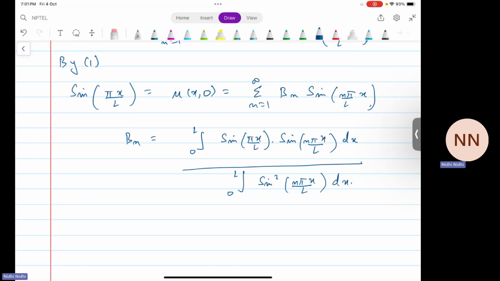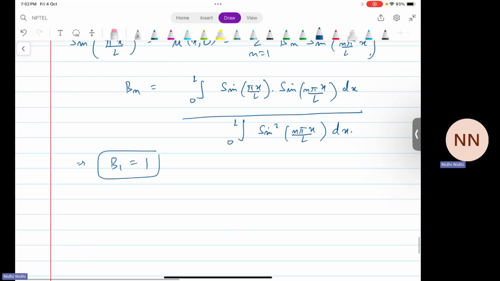We can say that for n equals 1, the numerator and the denominator are eventually the same. So we have b1 is equal to 1. Now we need to find bn for all n not equal to 1. As you remember, we had evaluated this denominator earlier in question number 1.